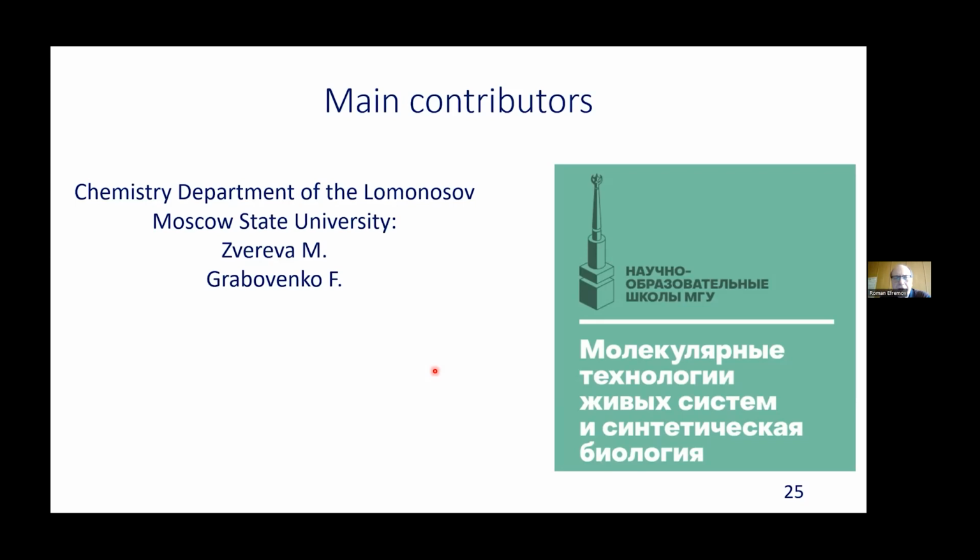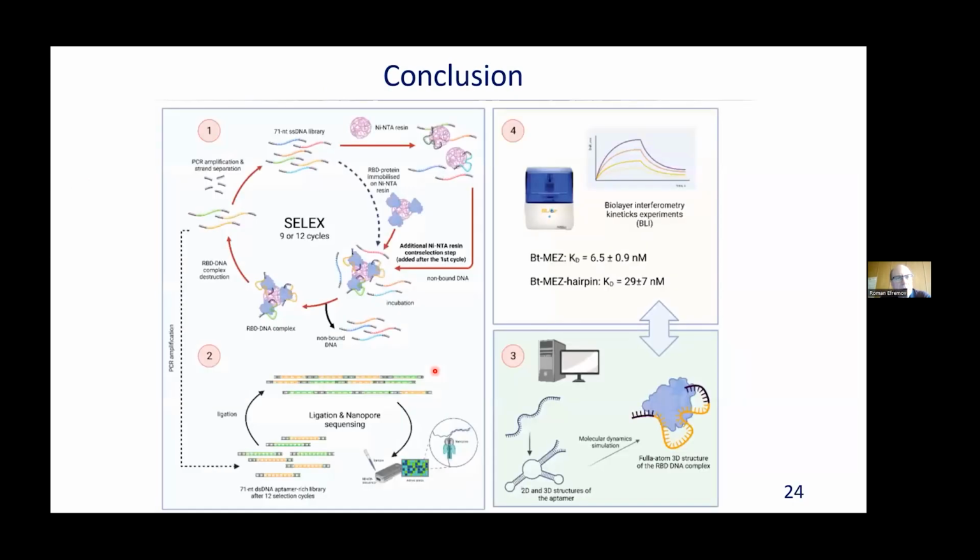I have a question, Maria. What about the idea? Why do you expect that the RBD domain of the spike protein can interact strongly with DNA, RNA, with nucleic acids? Well, actually, there are already some published data on such interactions, and some aptamers are already suggested.